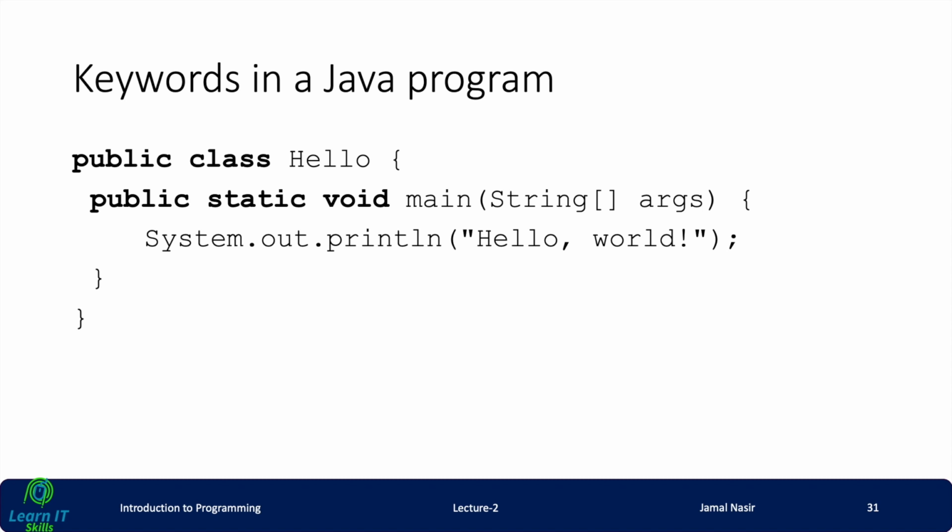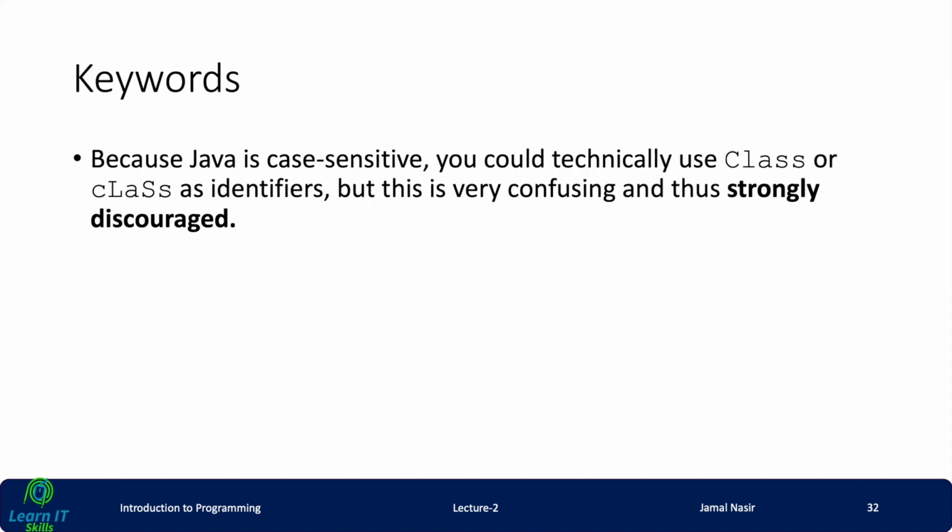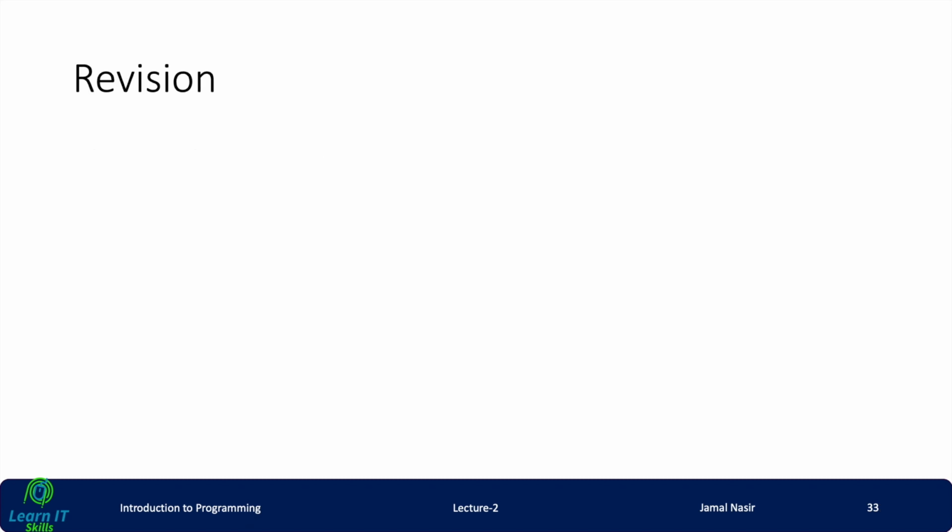These are Java reserved keywords, so we cannot use them as identifiers. Because Java is case sensitive, you can technically use Class with a capital C as an identifier, but this is very confusing and strongly discouraged. So please do not use variations of keywords in your programs.